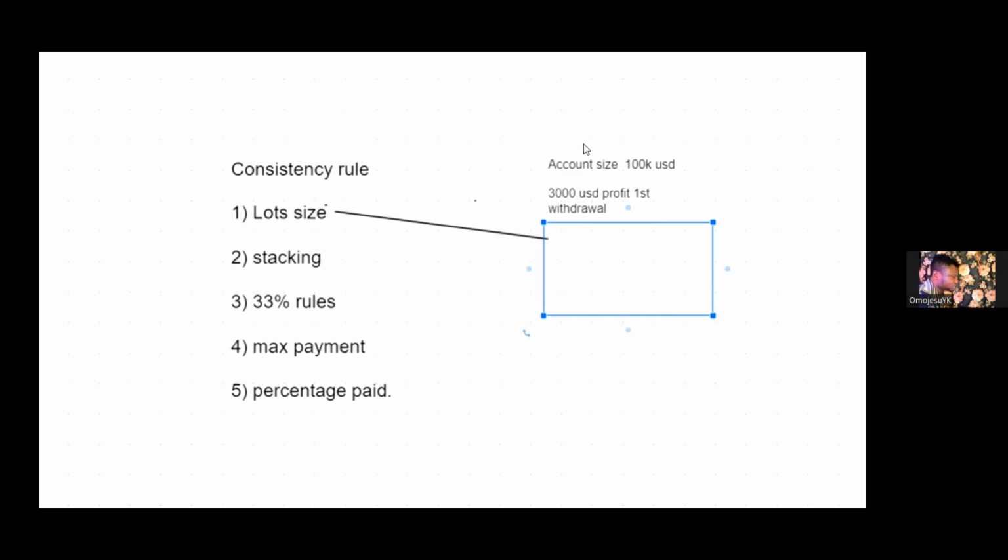Now, another thing in calculating this, because I did it for my mentees on Saturday: they will take the number of lot size you've traded and divide it by the number of positions you opened for the month.